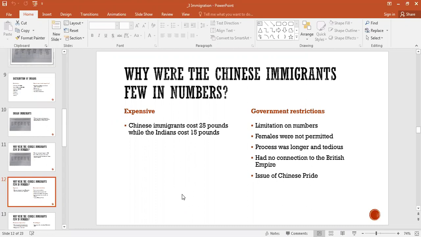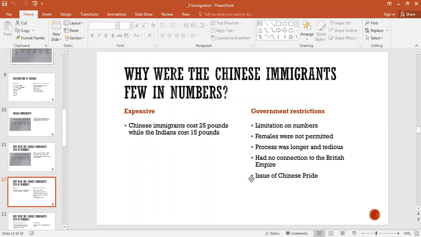We know expense is one, but what are they trying to reduce? The amount that they pay for the work that they're going to do. What is the nice term that we use for that?